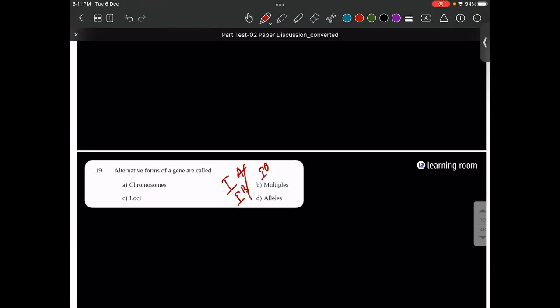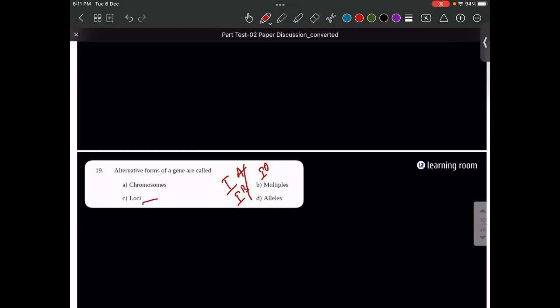Where you studied, give me some examples. Pea plant. Okay, very good. If capital R, that is round. Yellow and green, wrinkled and round, yellow. Very good. All are contrasting. Alleles. Fine.